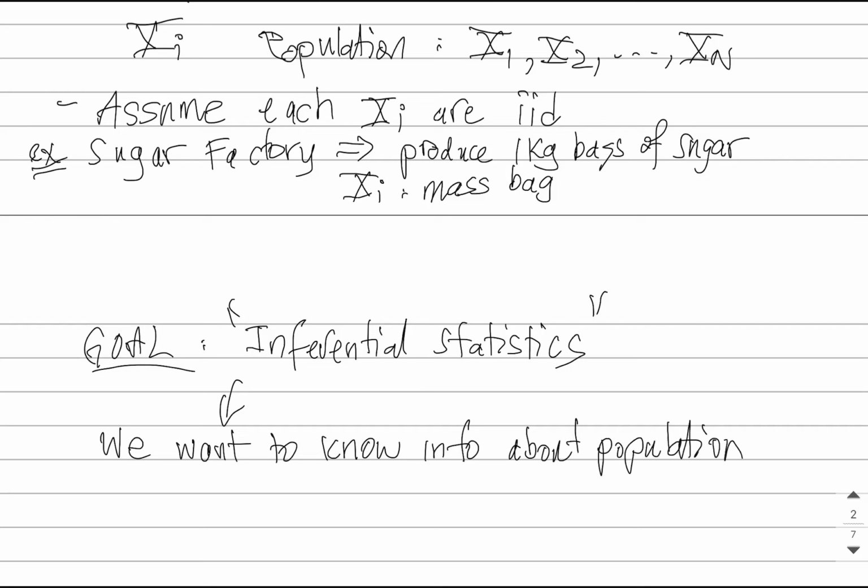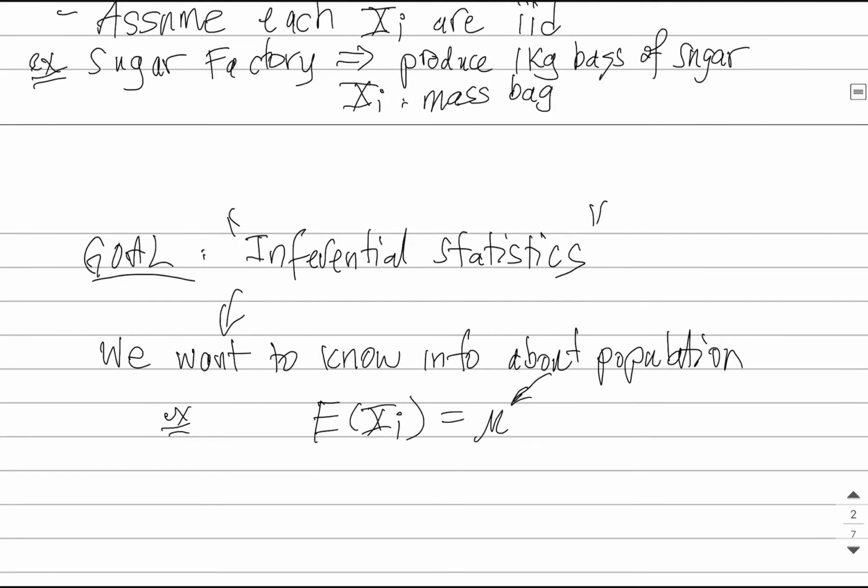For example, we would really love to know things like the expected value of the random variable. So we would love to know this average mass in the bag. We would love to know things like the variance. Talk to me about the spread of values in the mass.